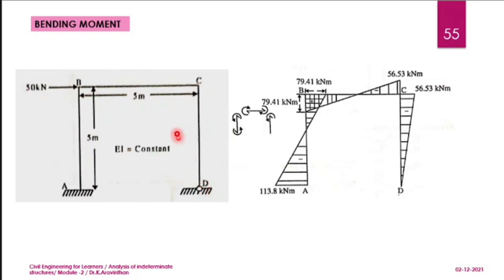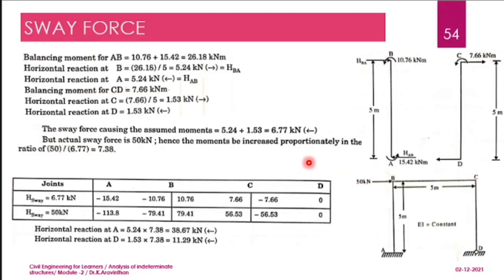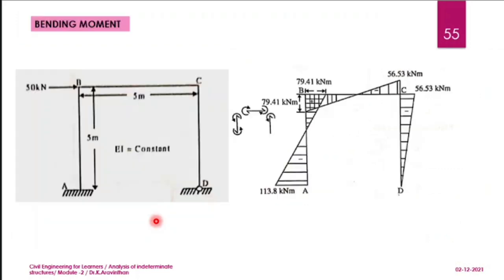So after finding this, you can draw the bending moment diagram. So the diagram is written as per the revised moment. So this is our revised moment as per the 50 kilonewton sway force, minus 113 and minus 79.41. So minus 113 is here and 79.41.